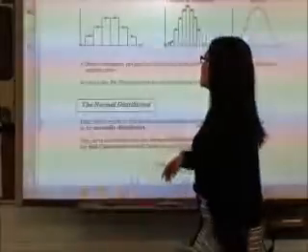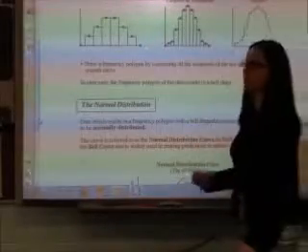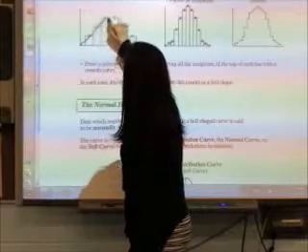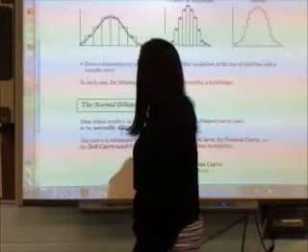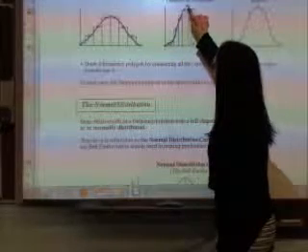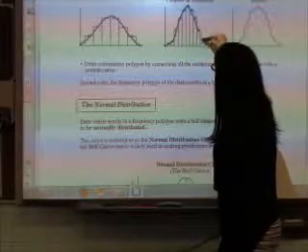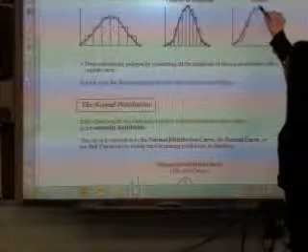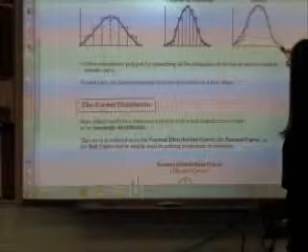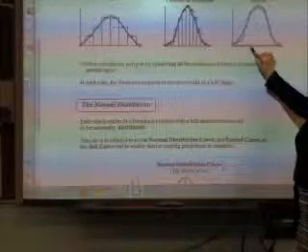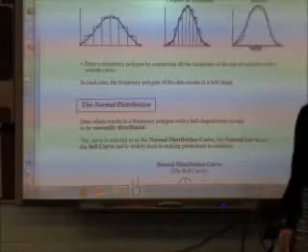So if I was to draw or connect these points, what I would notice is I get a curve. What shape does this curve represent? It's a bell curve.